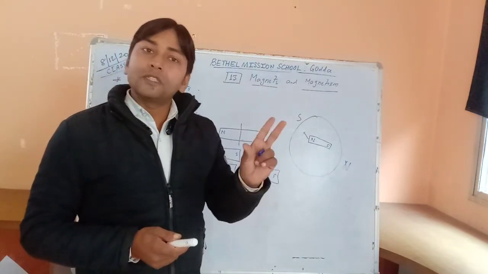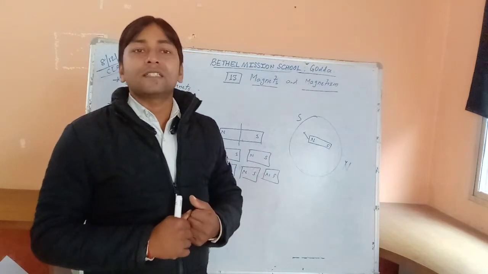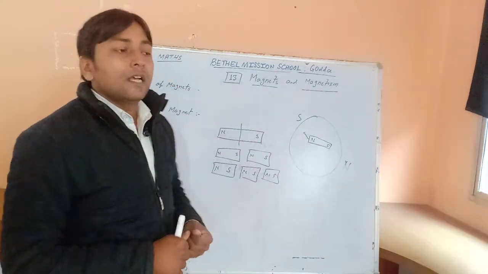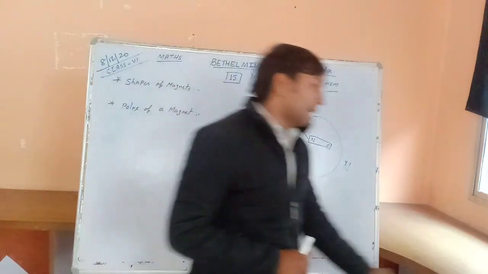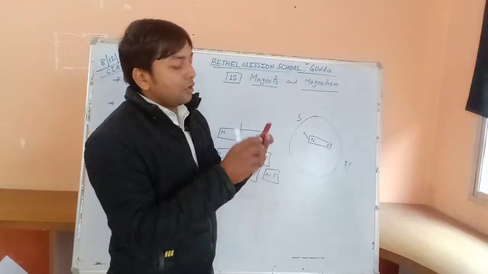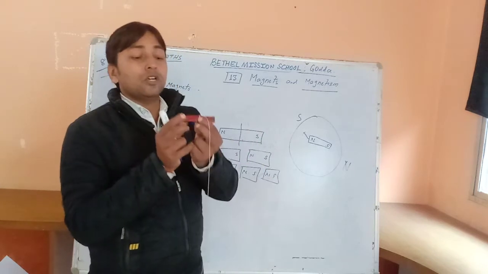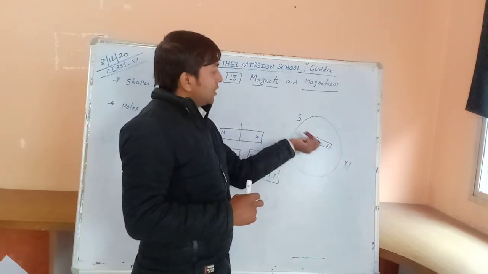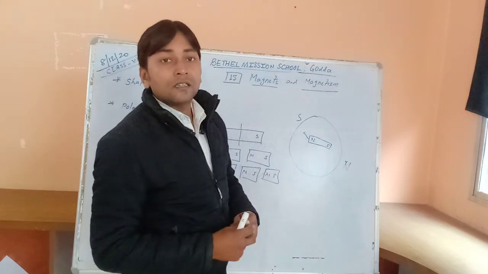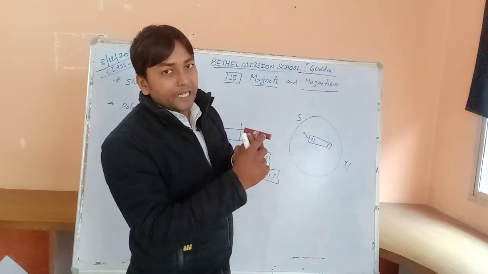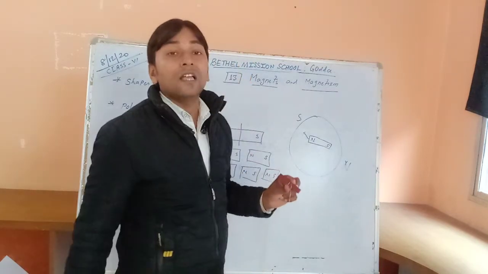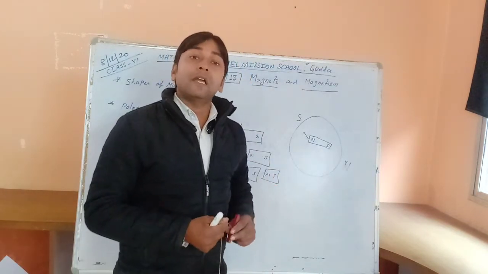because opposite poles attract each other. Once again, the north pole of a magnet is always attracted towards the south pole of the earth, and the south pole of a magnet is always attracted towards the north pole of the earth.